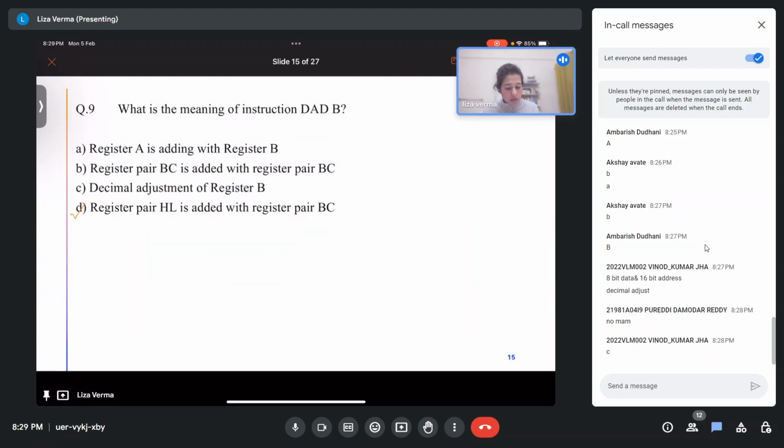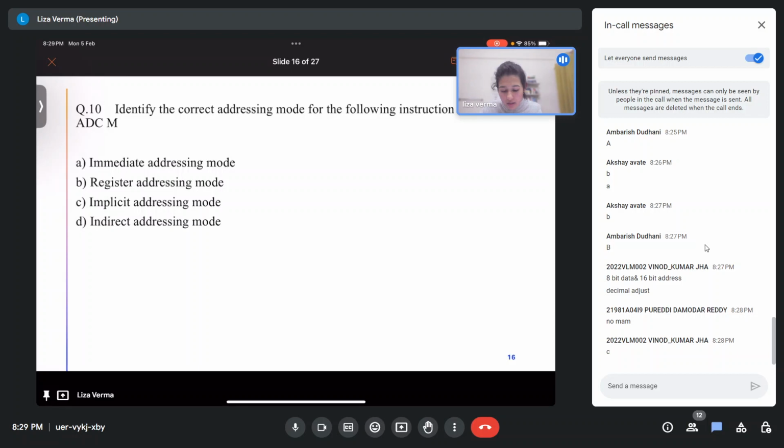Let's move on to the next question. Identify the correct addressing mode for the following instruction: ADC M. Which addressing mode does this refer to? M is used here.